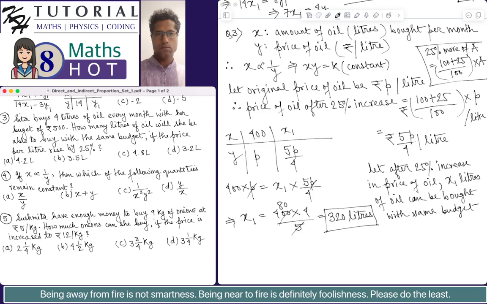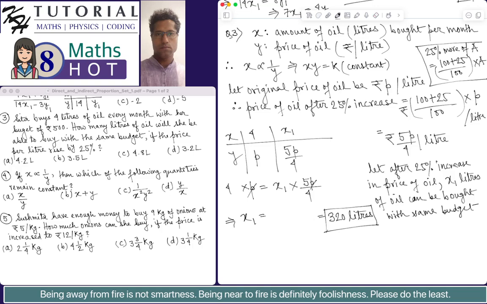How many liters of oil will she be able to buy? Oh, sorry, this is not 400. My mistake. This is not 400, but this is 4. That was 4 liters. Okay.